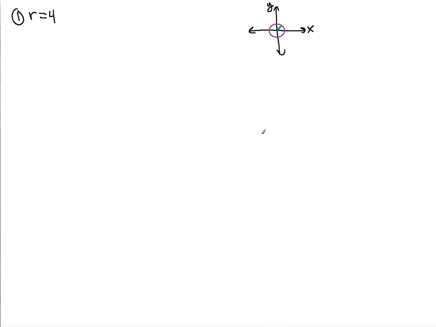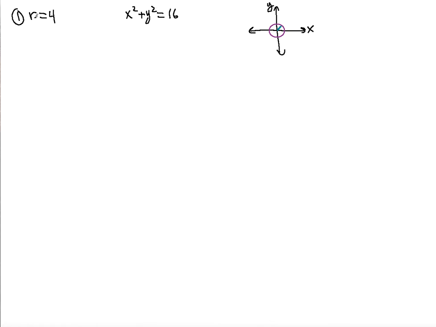Now, in order for it to be correct, you must get the equation x squared plus y squared is equal to 16, because that's the equation of the circle centered at the origin with radius 4. Since it's squared in the equation, you get 16.